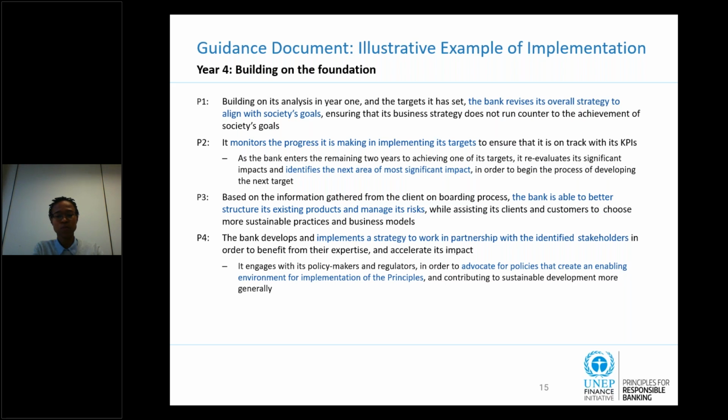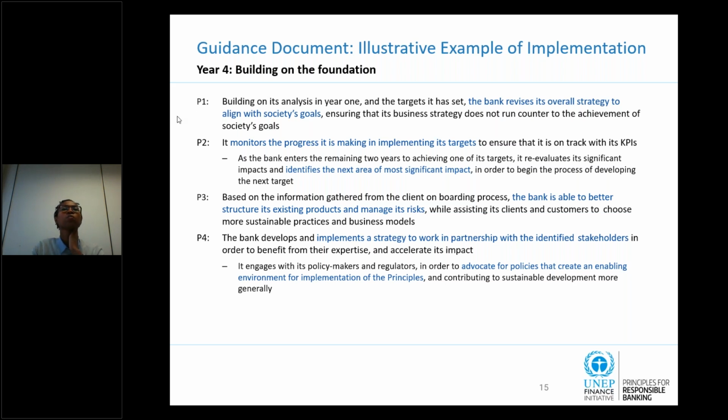On principle number 2, it monitors the progress it is making in implementing its targets to ensure that it's on track with its KPIs. As the bank enters the remaining 2 years to achieve one of its targets, it reevaluates its significant impacts and identifies the next areas of most significant impact in order to begin the process of developing the next targets.